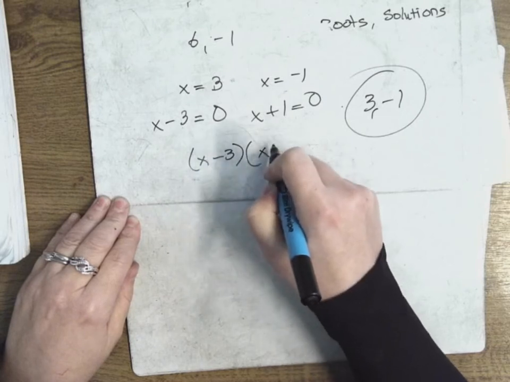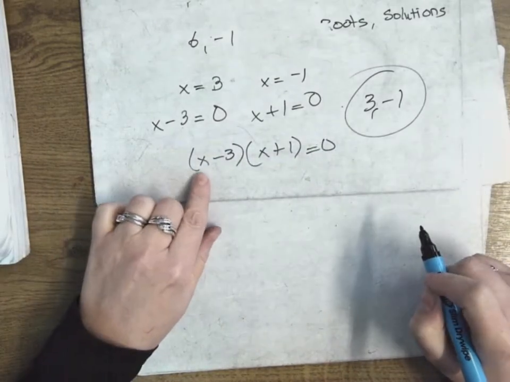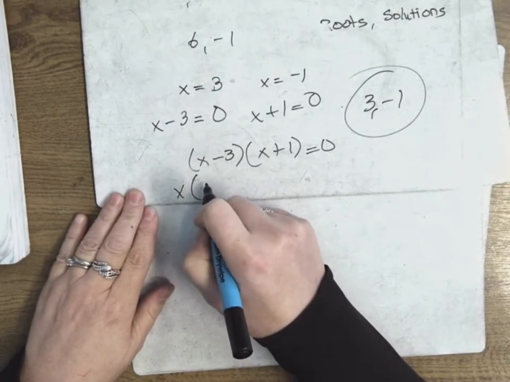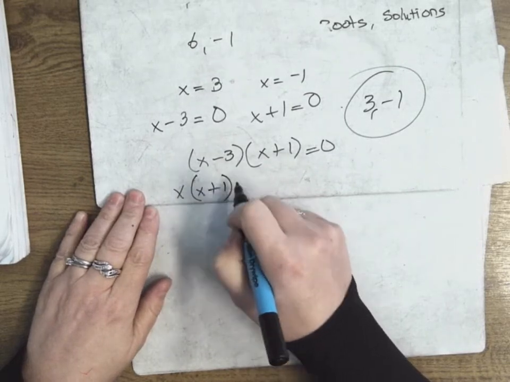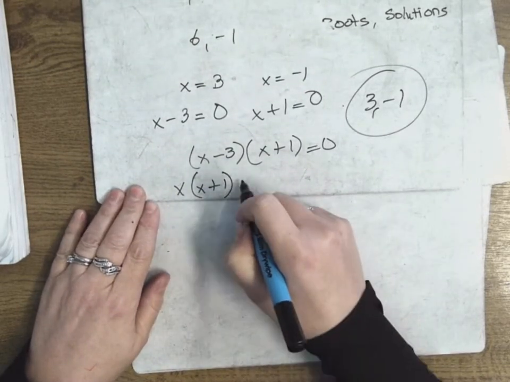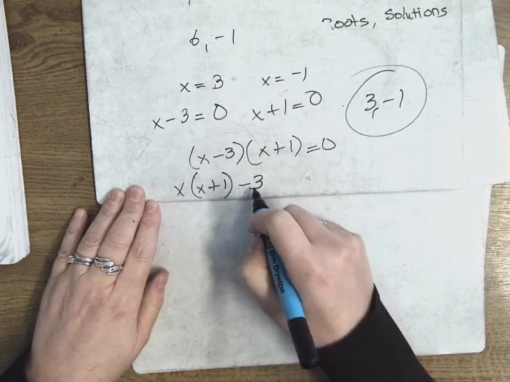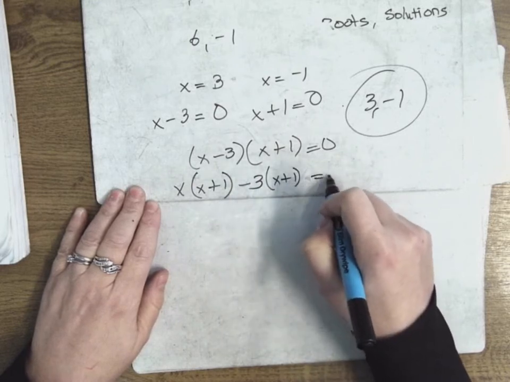Now you're just multiplying out brackets, so when you want to multiply out brackets, you take the first term, which is x, and you multiply that by the second bracket, which is x plus 1, and then you take the rest of the first bracket, which is the minus 3, multiplied by the second bracket equals 0.